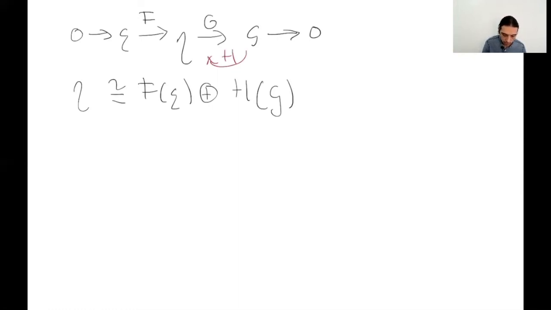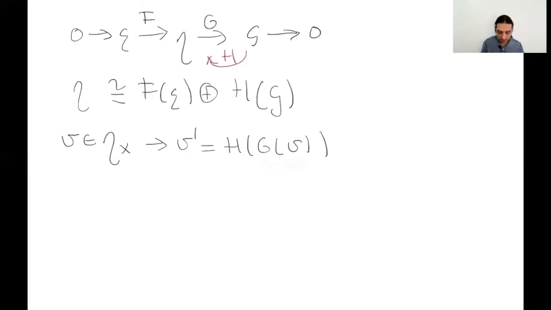Okay, so now consider a vector b in the fiber of the point x for eta, right? And we are going to define another vector b prime, which is going to be just the image of b by the composition of G and H. Okay, this makes sense. The image of b by G is an element of theta x, so we can apply H and we obtain again an element of eta x.